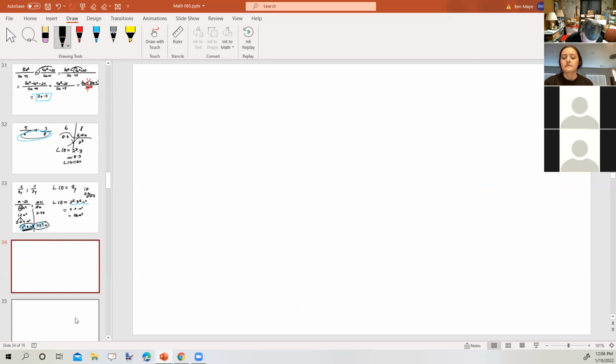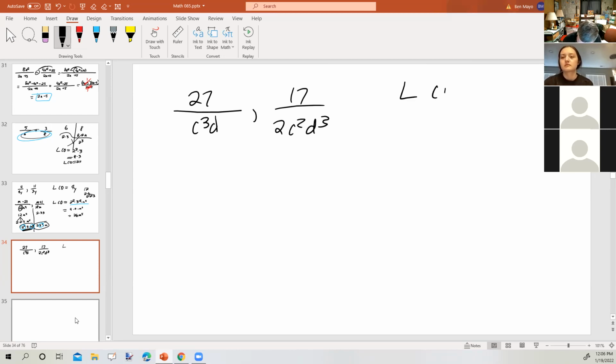Okay, now consider this. 27 over c cubed d, 17 over 2 c squared d cubed. My factors are 2's, powers of c, and powers of d. My highest power of 2 is 2 to the 1 power.